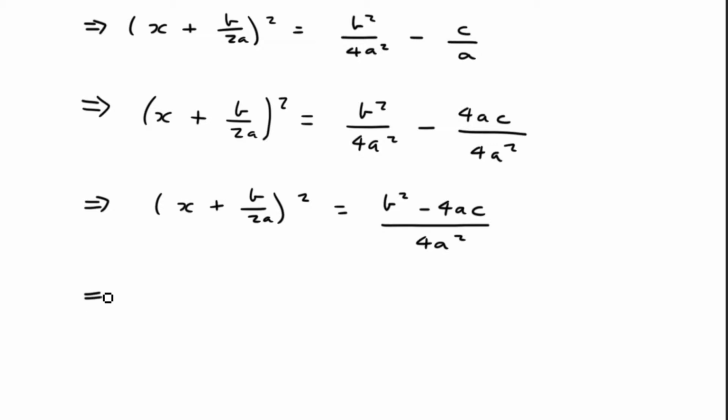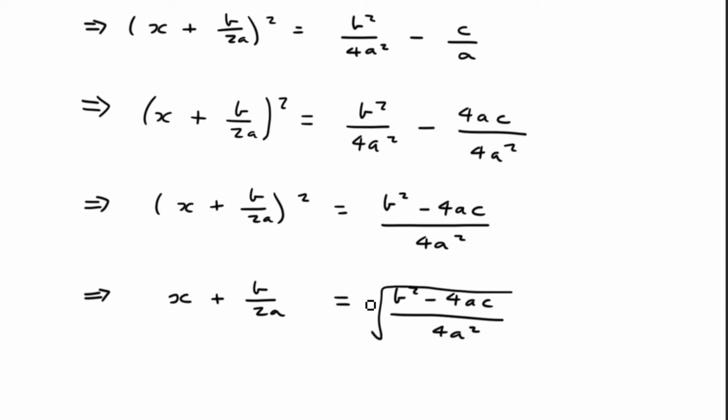Now we can take the square root of both sides. On the left hand side we have x plus b over 2a. On the right hand side we have the square root of the fraction from our previous line. Not forgetting that we have to consider both positive and negative versions.